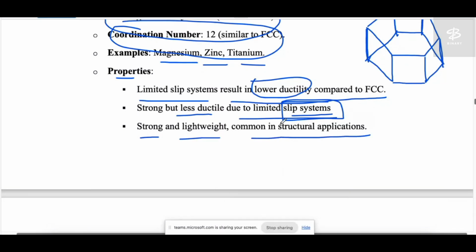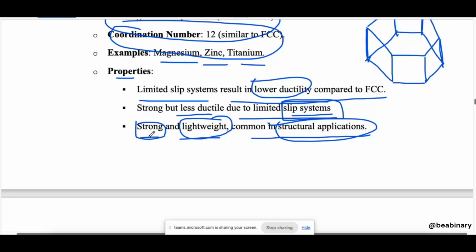So why is it used in structural applications? Because it has a tendency of being lightweight. Okay, so wherever you require less weight, you can use these kinds of materials, basically those that exhibit the HCP kind of structures. So strong and light is a very desirable kind of property because everything in this world we want to have a strong nature, and lightweight because wherever you want you can easily apply it.